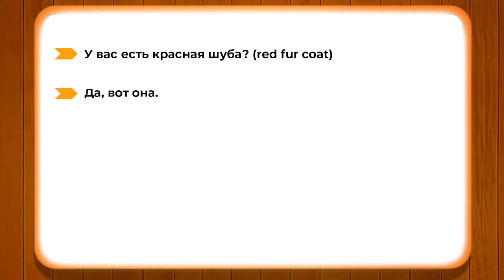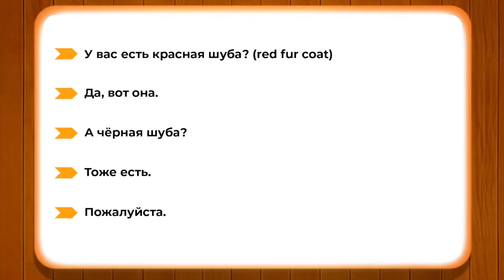Вот она is used for шуба because it belongs to the feminine gender. А черная шуба тоже есть, we also have a black one. Пожалуйста. Here пожалуйста has the connotation of saying thank you. So depending upon the context, you can also replace спасибо with пожалуйста.